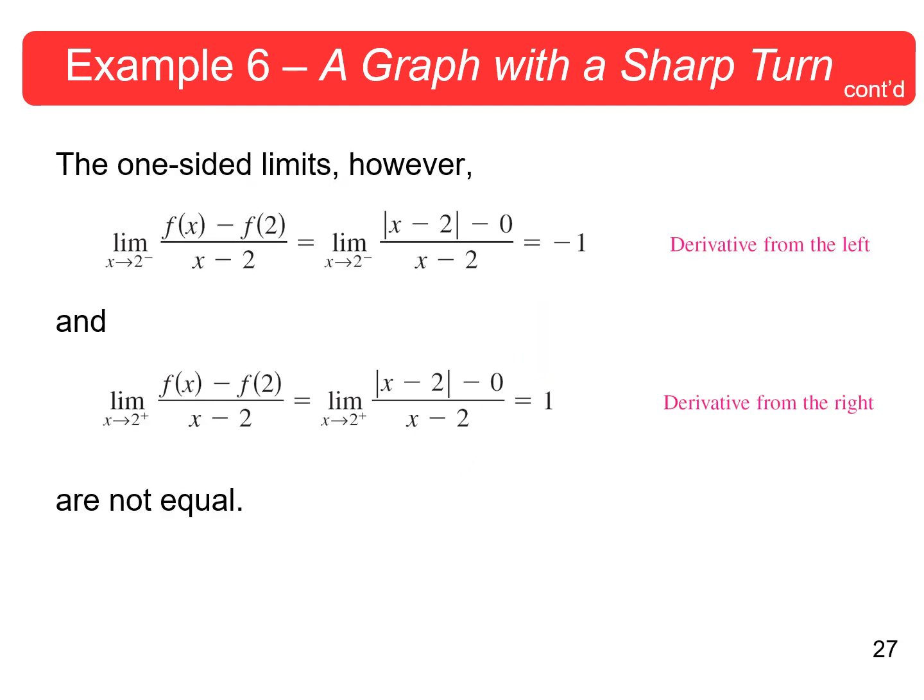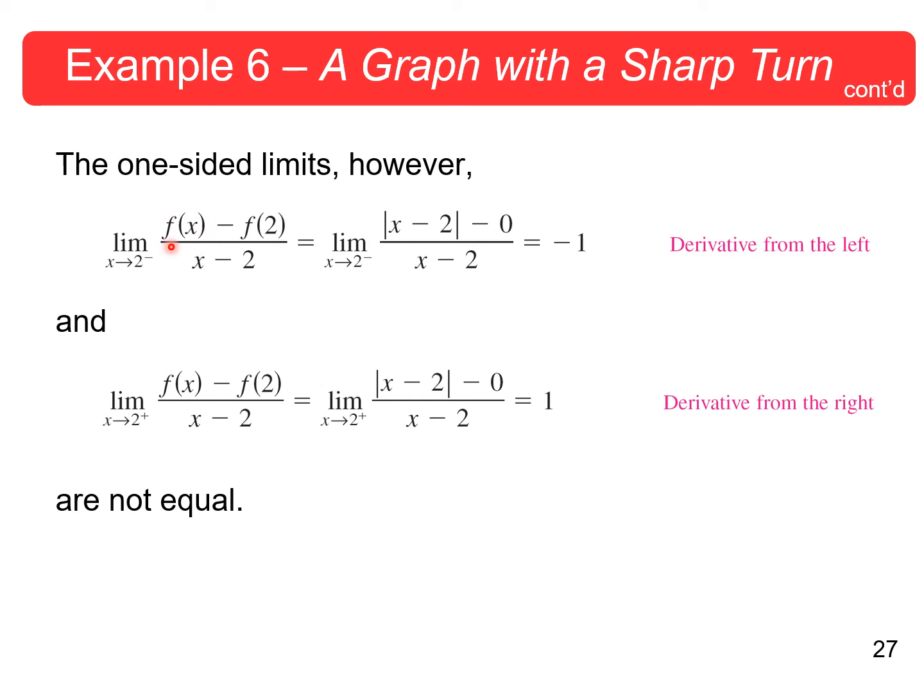Now we can verify our result by computing the derivative from the left and the derivative from the right. We do that by evaluating the one-sided limits here, using the alternative definition of derivative. So we take the limit of f of x minus f of 2 over x minus 2 as x approaches 2 from the left and from the right.